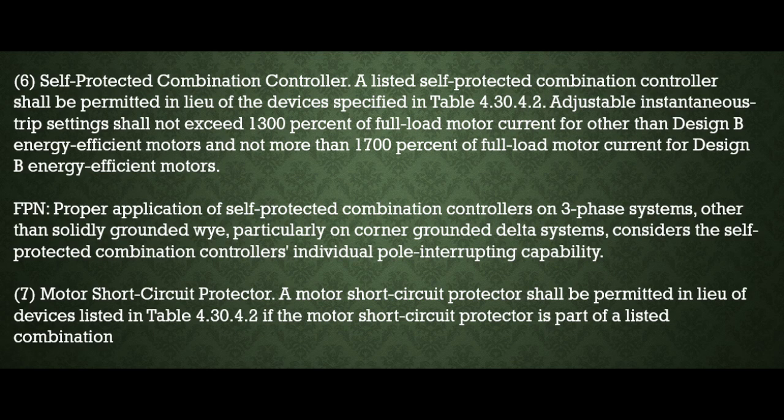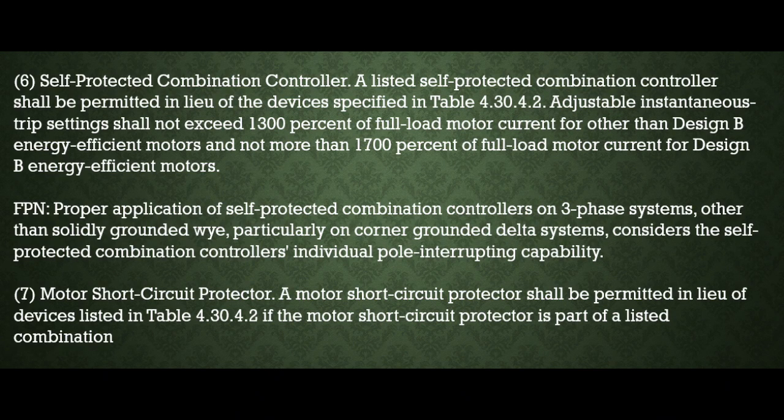Number 6 is this, it discusses self-protected combination controllers. This can be used instead of devices in Table 4.30.4.2, where the adjustable instantaneous trip settings should not exceed 1,300% or 1,700% depending on the motor efficiency.